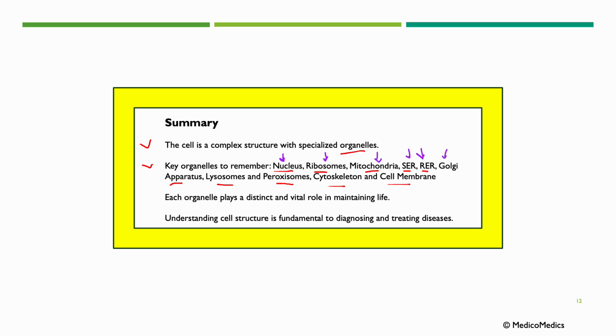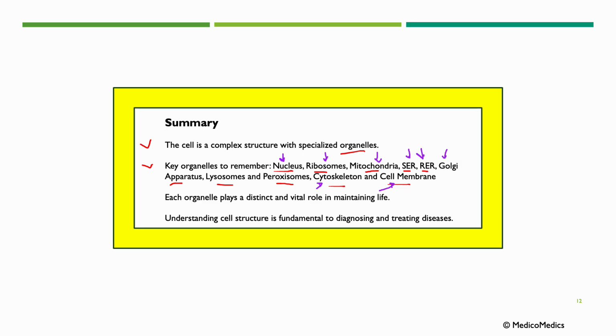What gave the cell its structure and what helped facilitate transport routes? Well, we talked about the cytoskeleton. And then, at the end, what is it that actually allows for things to enter into the cell or leave the cell? These are determined by our cell membrane, which was made by a phospholipid bilayer.